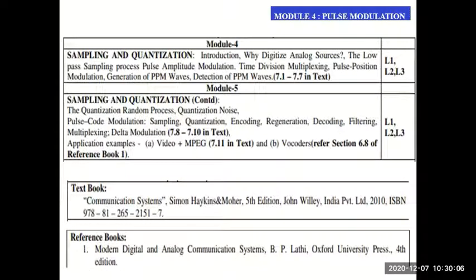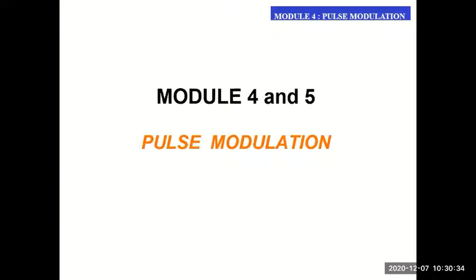B. P. Lathi, Modern Digital and Analog Communication Systems, as I told you in the beginning itself, is a very, very good textbook in communication. If your fundamentals should be strong in communication, you should read this book. It is a really good book. And from that book, we are going to understand vocoders. The rest are all from your prescribed textbook.